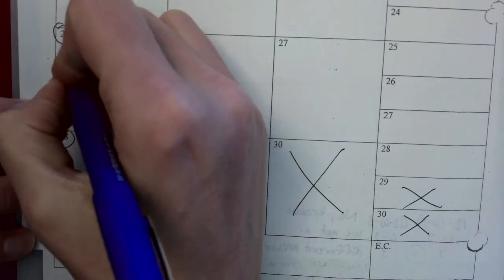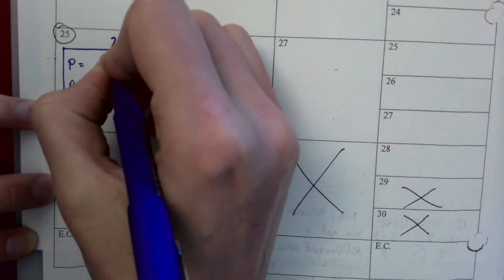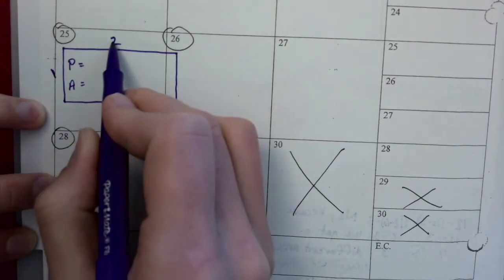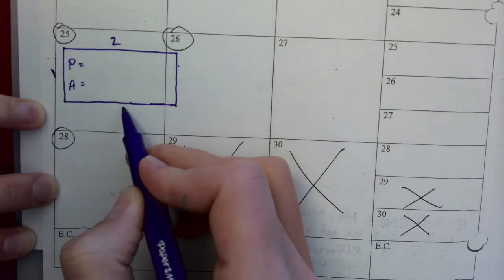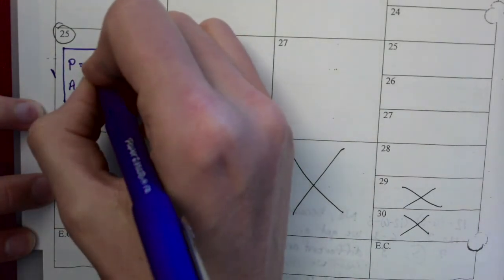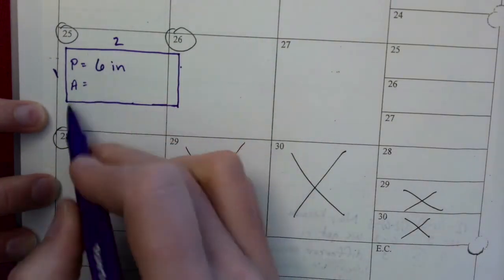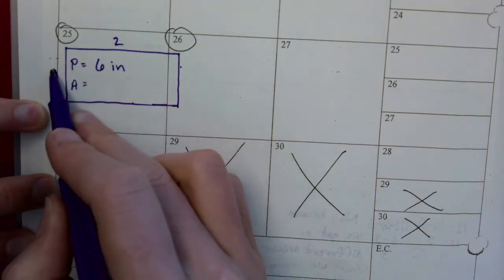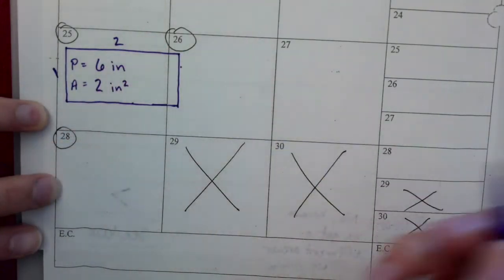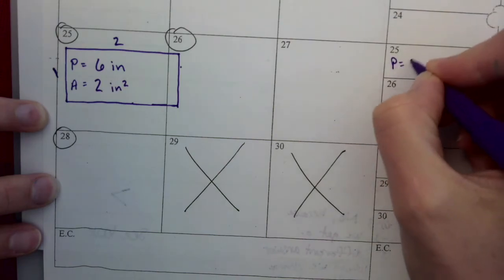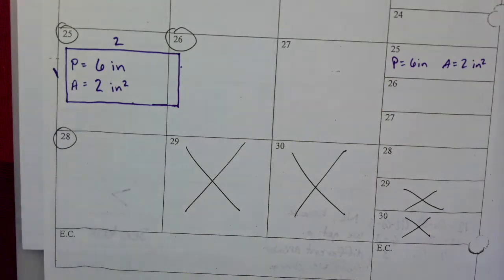Perimeter is the distance around. Area is going to be the length times width. Perimeter, it's 2 on this side and 1 on this side. So 2 plus 1 plus 2 plus 1. 2 plus 1 is 3, plus 2 more is 5, plus 1 more is 6. So we get 6 inches. Area equals length times width. So length 2 times width 1 gives us 2 square inches. So you can write perimeter equals 6 inches, area equals 2 square inches.